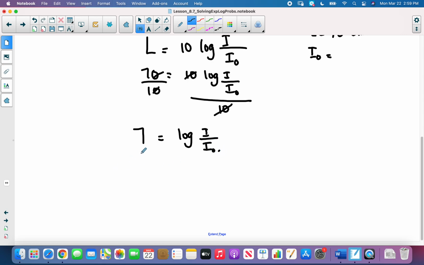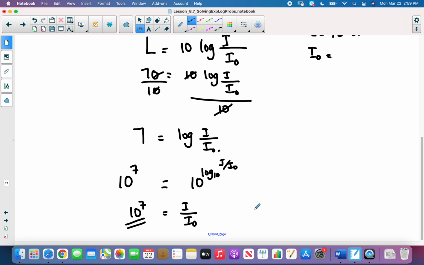We take both sides to the exponent, so 10 to the power of 7 is equal to 10 to the power of log base 10 of I divided by I0. The right side simplifies to I divided by I0, because we know this relationship. Therefore, the ratio of those intensities is 10 to the power of 7.